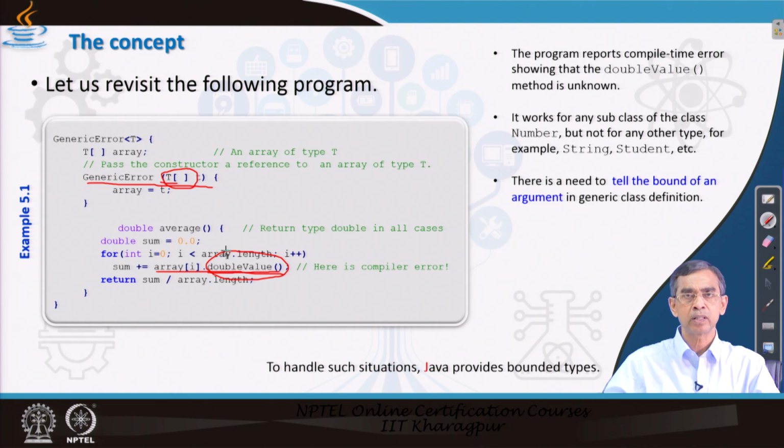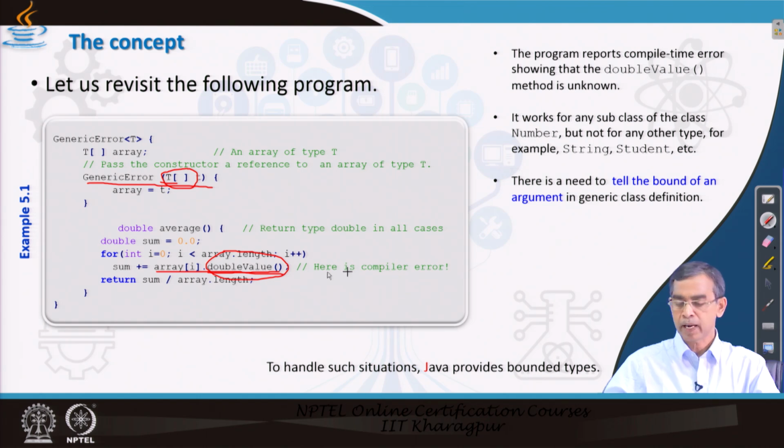So, this program will not give any error if you run it with a T type which belongs to either the Number class or any of its subclasses. However, it will give a compilation error if we define T as some other class, for example, the String class.